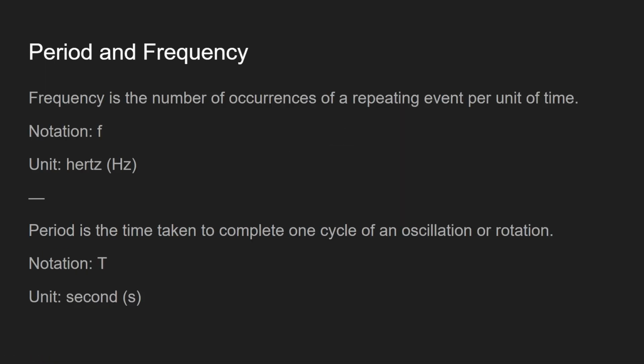Sometimes we use this kind of conversion from time to time, especially when we talk about the wavelength and the speed of light, the electromagnetic wave. We will do this kind of conversion many times.